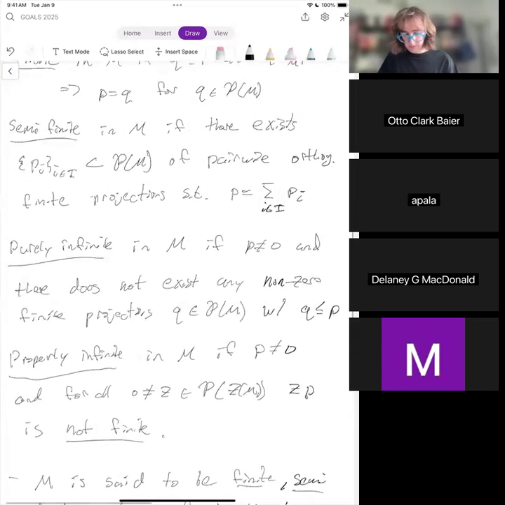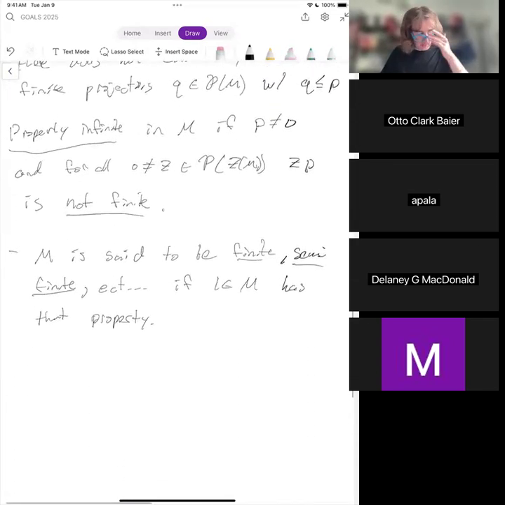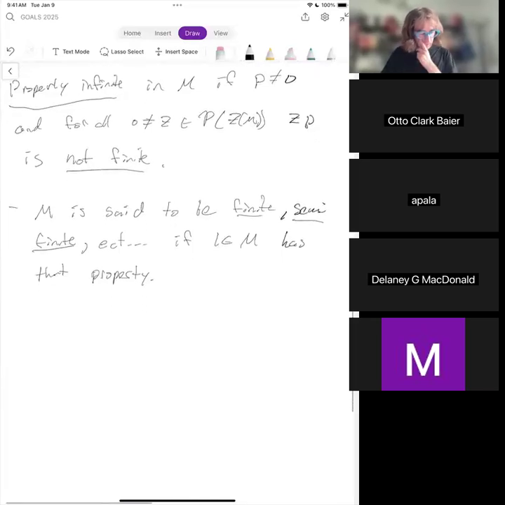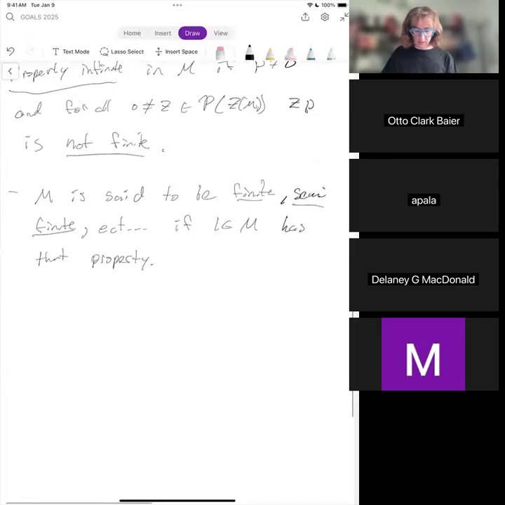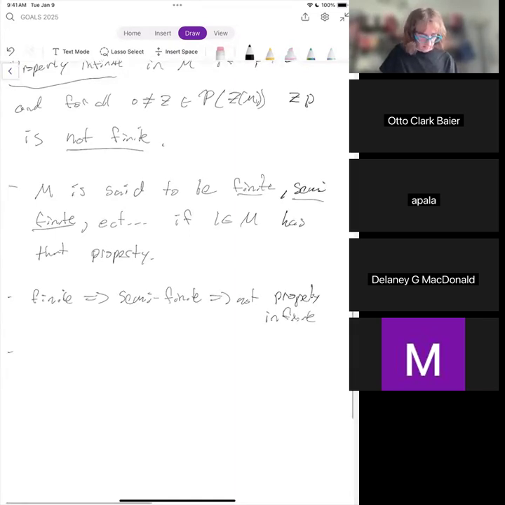So it's 4 different types of projections that we've defined. And there are some implications of these definitions. You always have that finite implies semi-finite implies not properly infinite. And then we have purely infinite implies properly infinite.